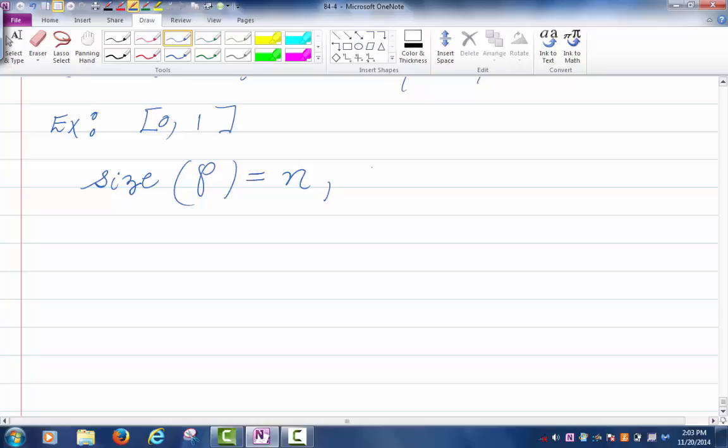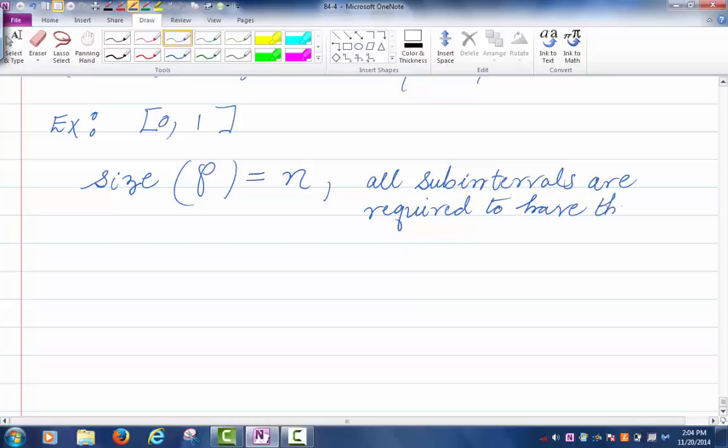Am I making sense? I also want all subintervals to be required to have the same length.